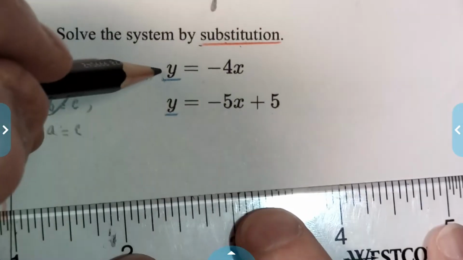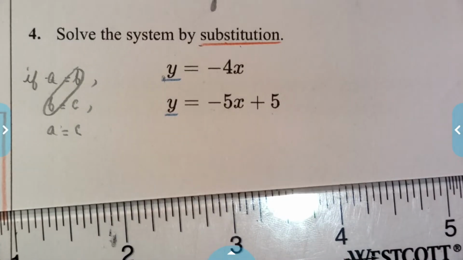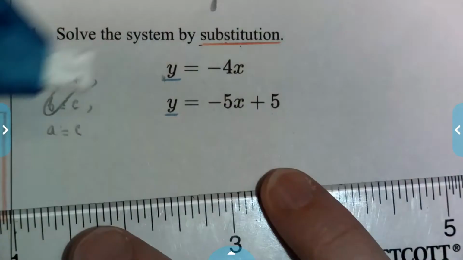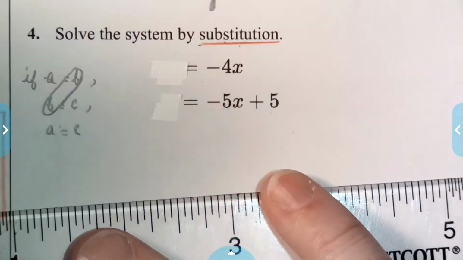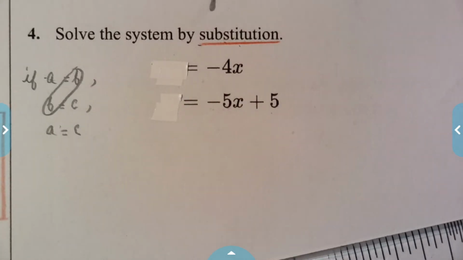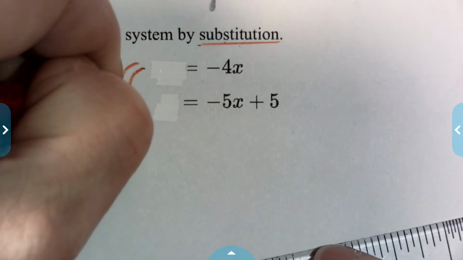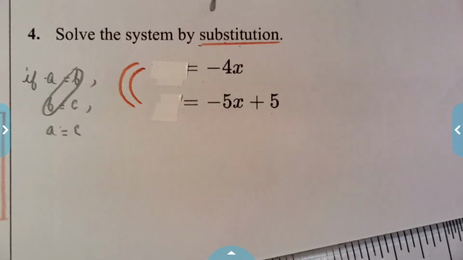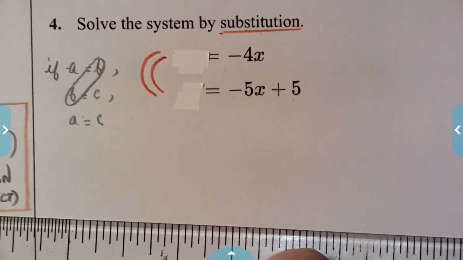So we're simply, it's almost as if, to sort of ramify this point, it's almost like we're whiting out the y. And we are setting these two equations equal to one another. This is my curvy equal sign, okay? So just set the equations equal to one another, because y and y, they're the same.